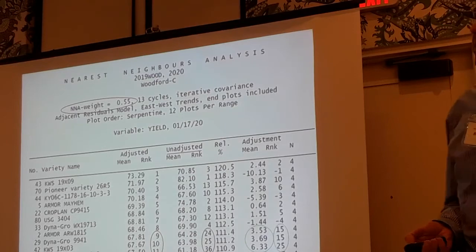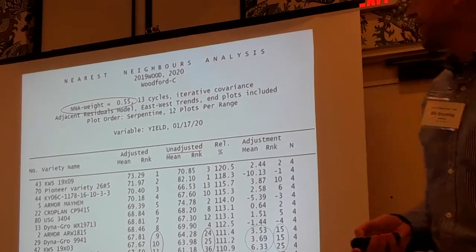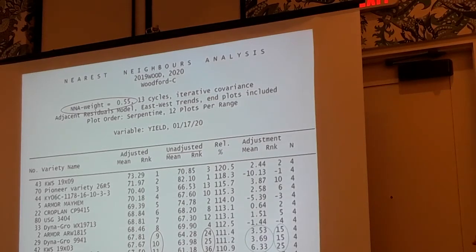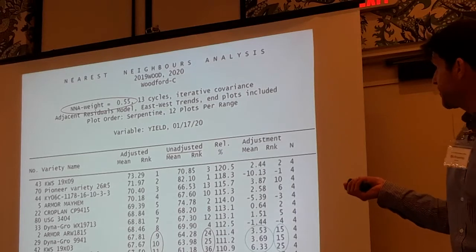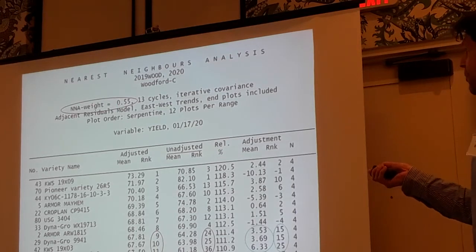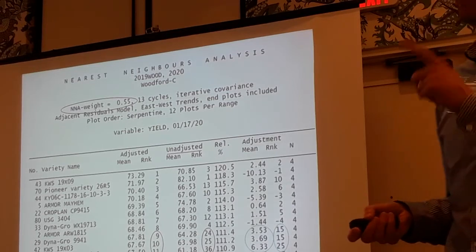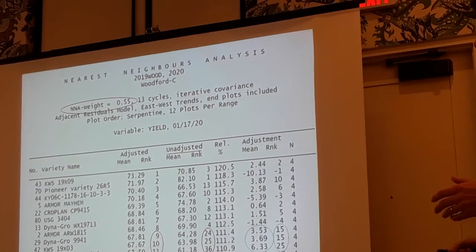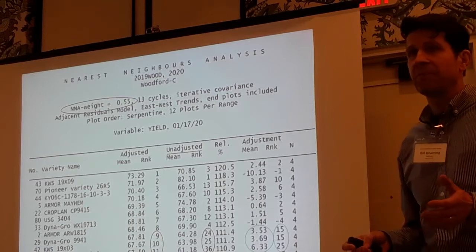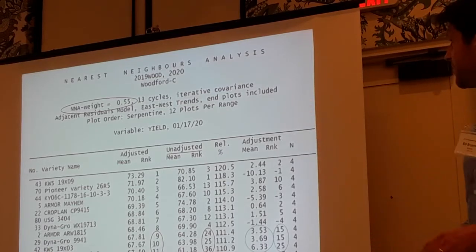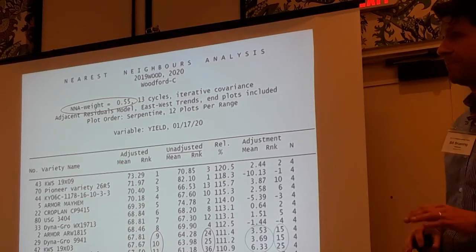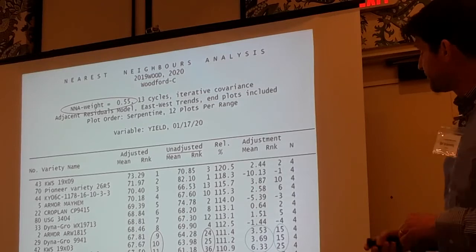So I ran the nearest neighbor analysis on this, and what it does with Agribase, it gives you an NNA weight, which 0 tells you there's no trend in the field, and a value of 1 means there's extreme trends. Basically, your data is going to be all over the place based on where it is in the field.